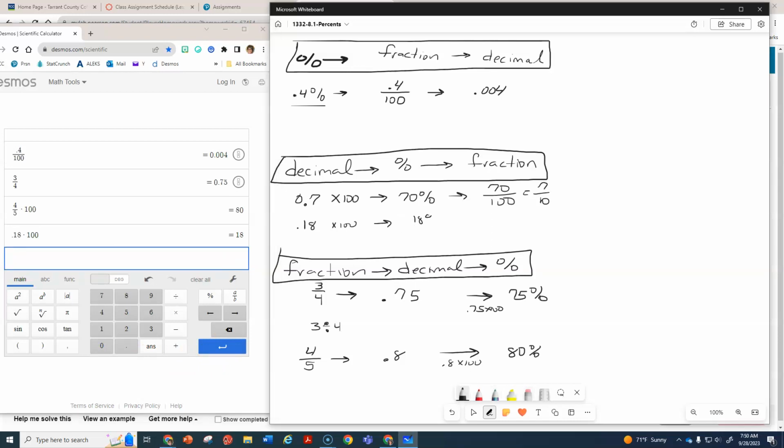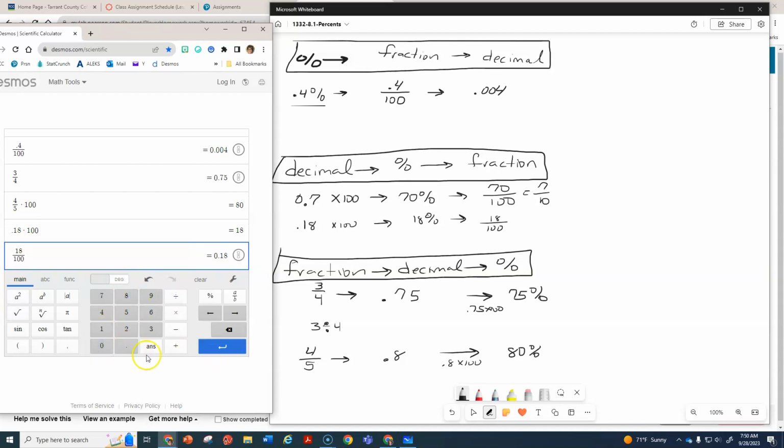That's 18%. And then to change that to a fraction, you put the 18 over 100 and reduce. And the calculator will do that as well. 18 divided by 100. It's going to automatically change it to a decimal, which is what we started with. If you press this little convert button, it gives it to you as a reduced fraction.